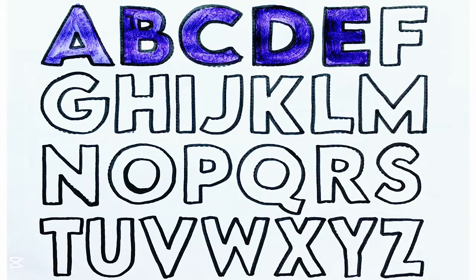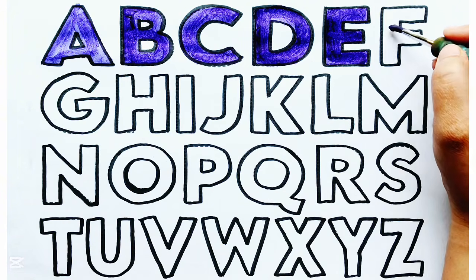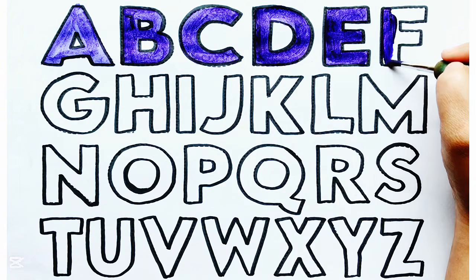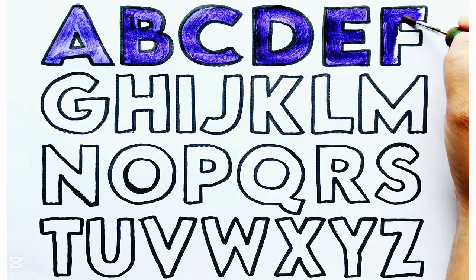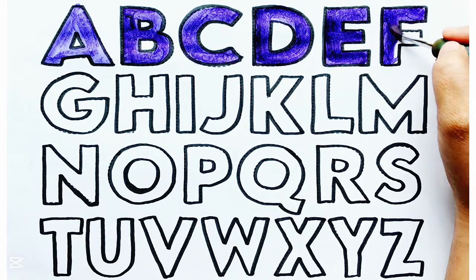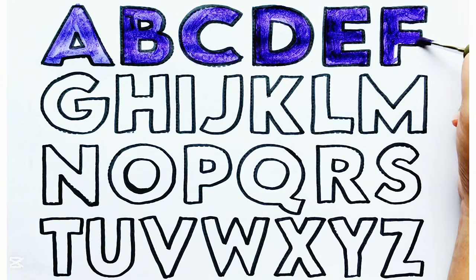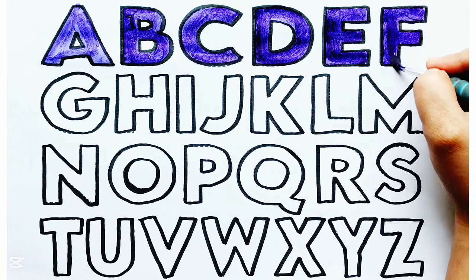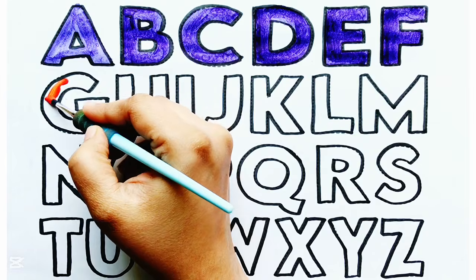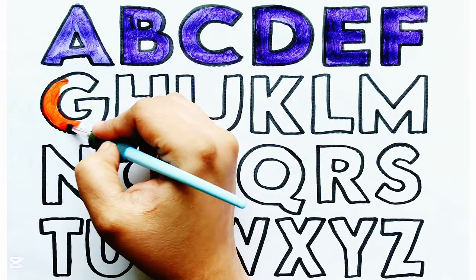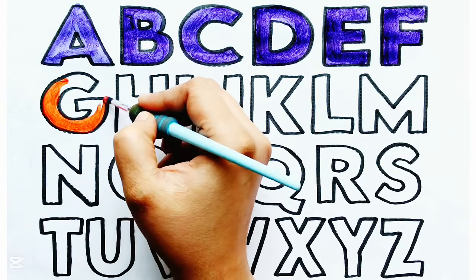Let's see a list of words that start with the letter A. Apple, F for frog. Angel, address, animal, answer, April, autumn, ambulance, airplane, arrow. Which color? G. G for glasses.